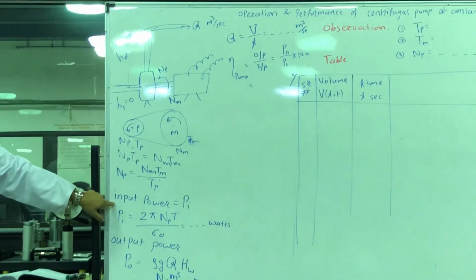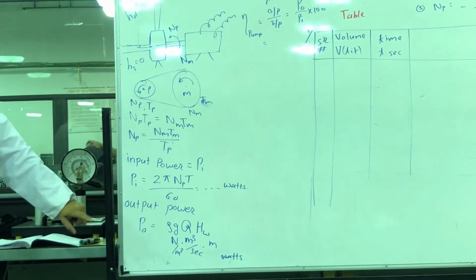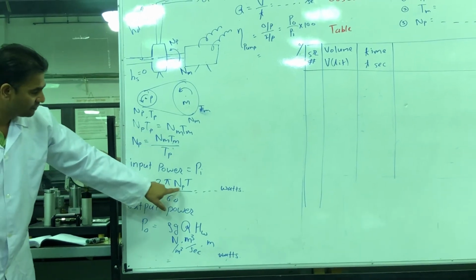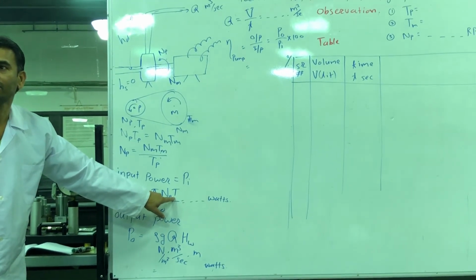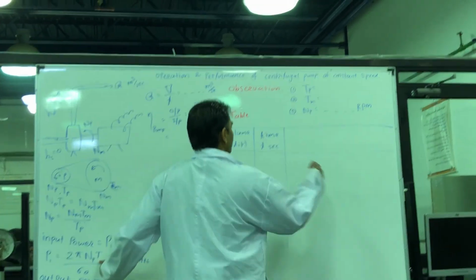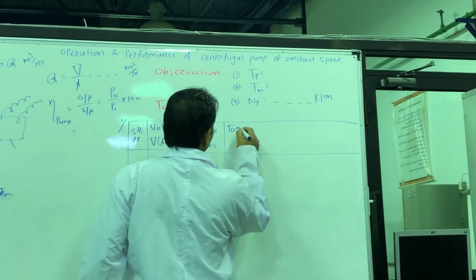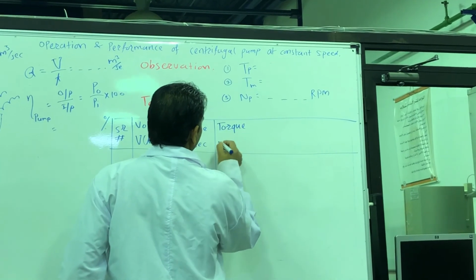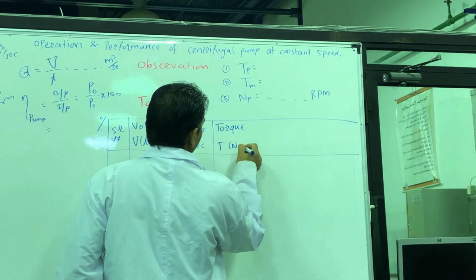Okay. Now input power, output power. For input power, what do I need? Torque. This is not number of teeth, this is torque. Okay, so I need to measure torque, T in Newton meter.